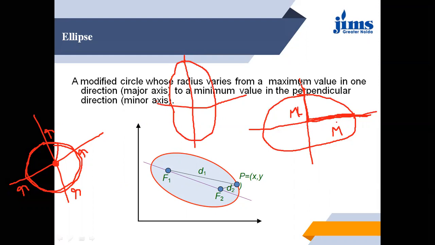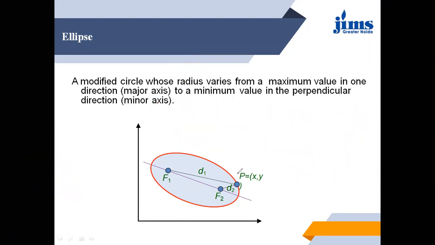But there is a beauty of this: if we take any point, suppose I took this point, the coordinates of this point are (x, y). If I try to find the sum of the distance from the first focal point and the distance from the second focal point, then the sum will be equal to a constant.